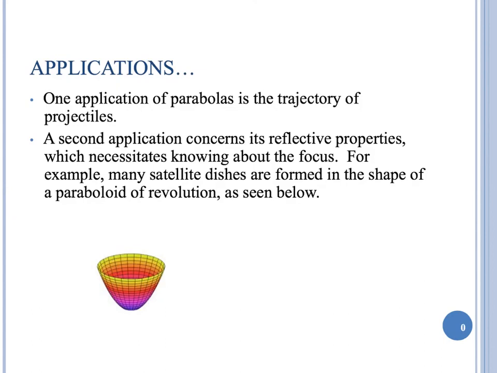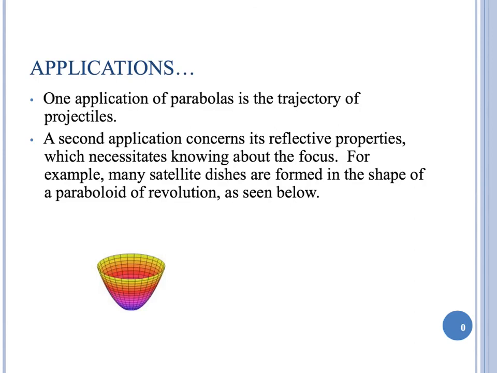So there's a couple different ways that we can use parabolas, and you've all seen the word problems where we launch a rocket or shoot a bullet or throw something off of a roof. But there are some other really cool properties of parabolas when we start looking at them in 3D. This is called a paraboloid when it's in 3D, and we have all seen these 3D parabola-shaped figures.